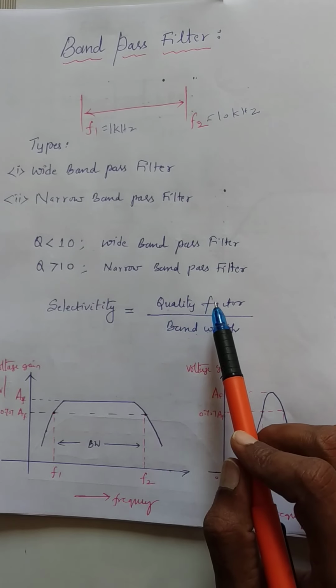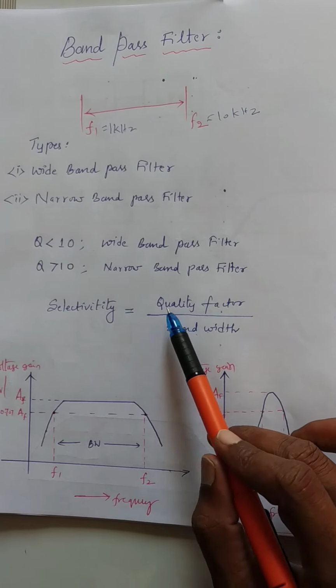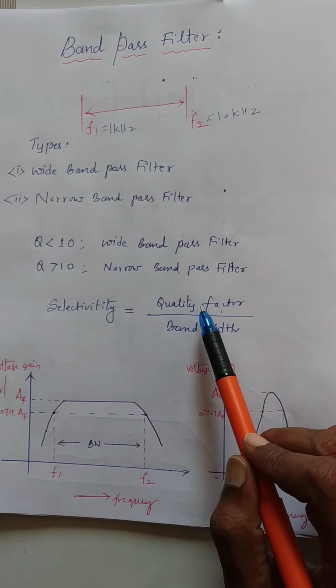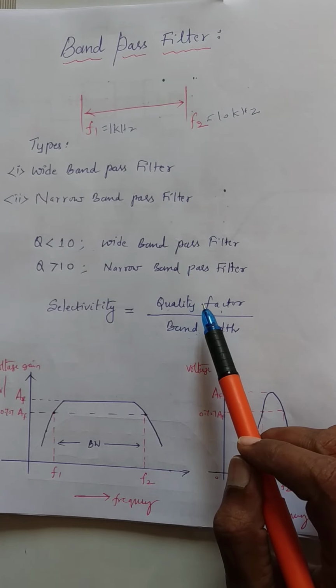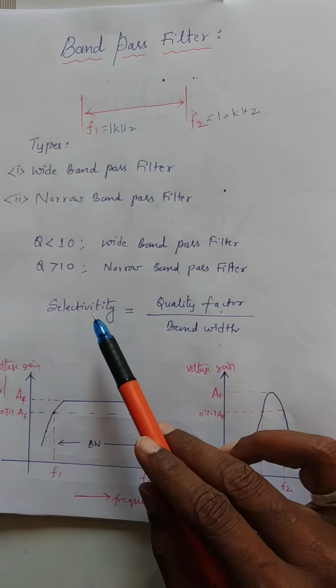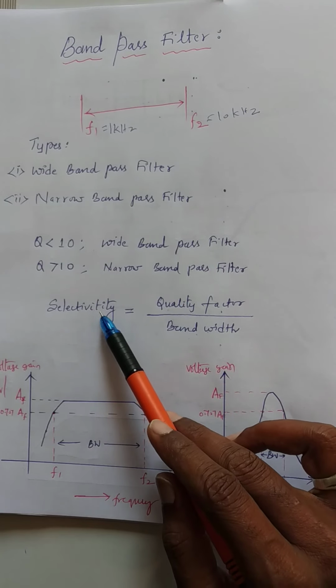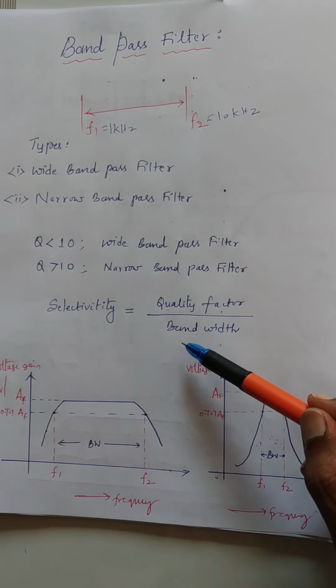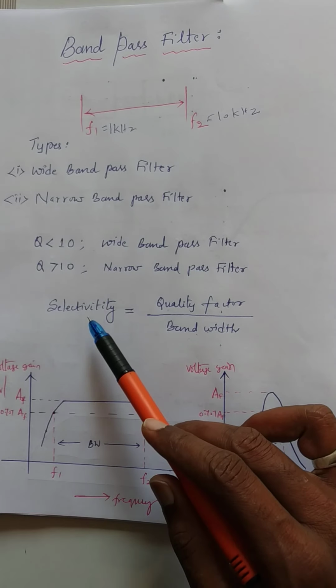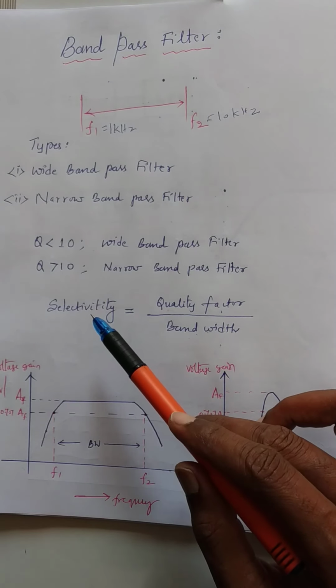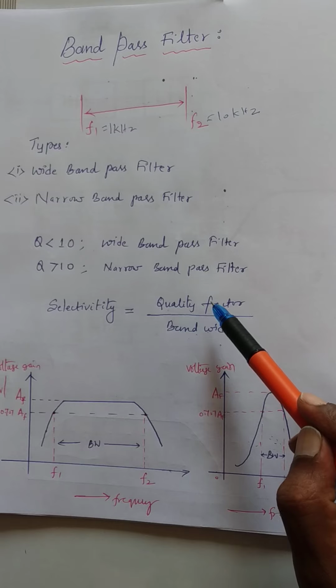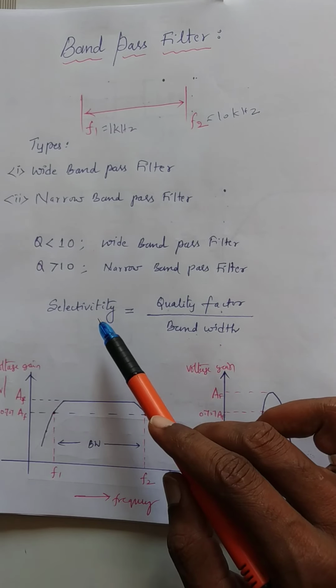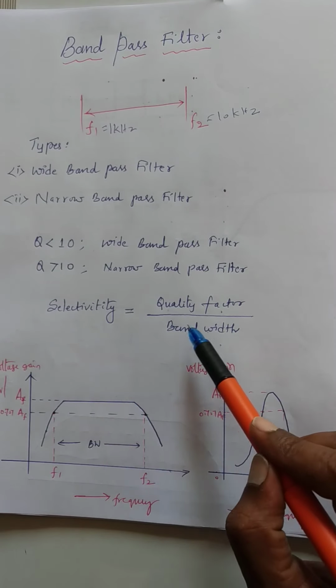If we say the capacitor is a pure capacitor, we say the quality of the capacitor is very good and quality is high. If quality is high, selectivity is high. If selectivity is high, obviously bandwidth will reduce, because selectivity is inversely proportional to bandwidth and directly proportional to quality factor. So if quality is high, selectivity is high and the bandwidth reduces.